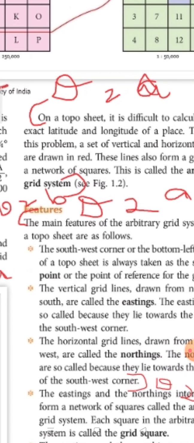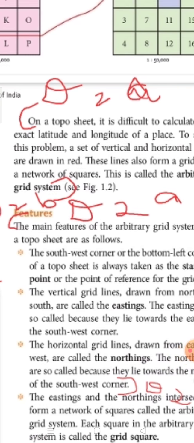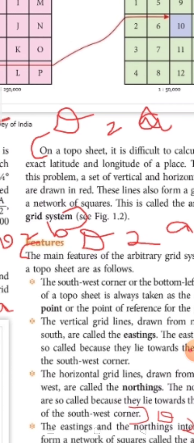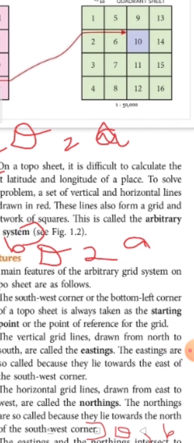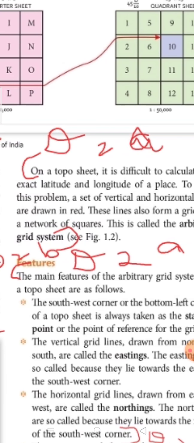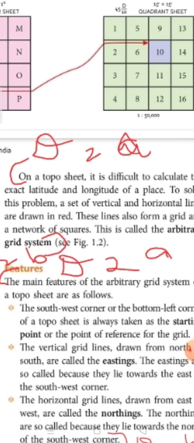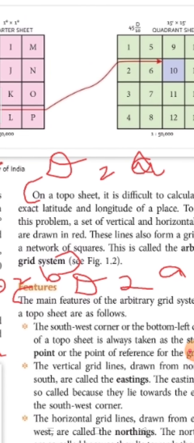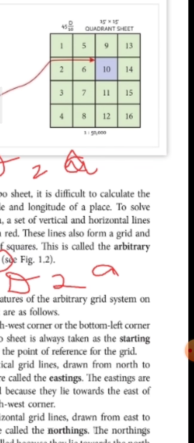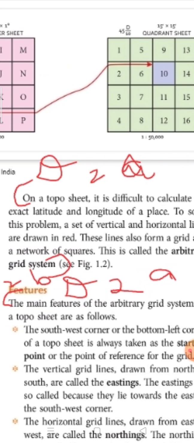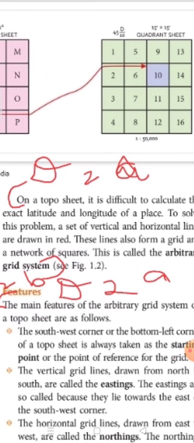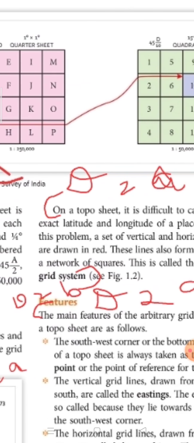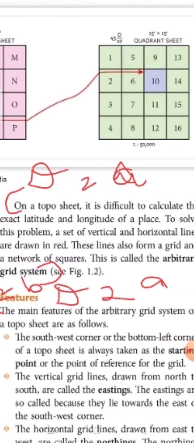On a topo sheet, it is difficult to calculate the exact latitude and longitude of a place. To solve this problem, a set of vertical and horizontal lines are drawn in red. These lines also form a grid, a network of squares. This is called the arbitrary grid system.